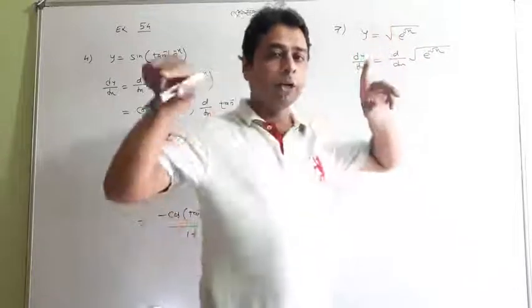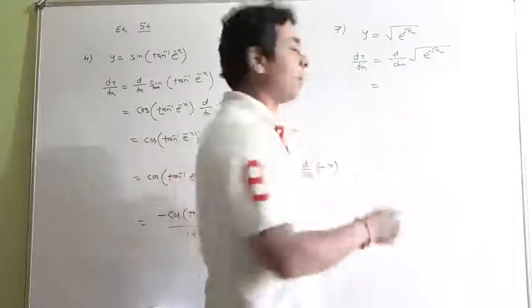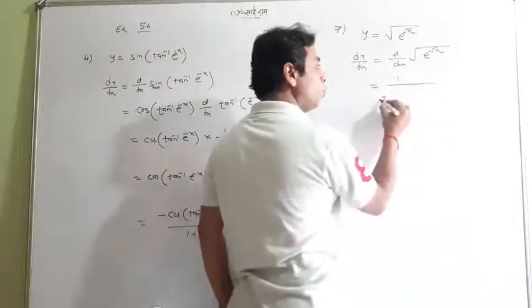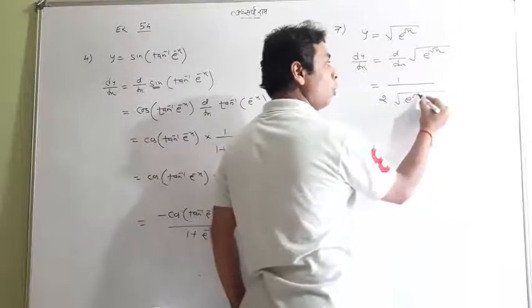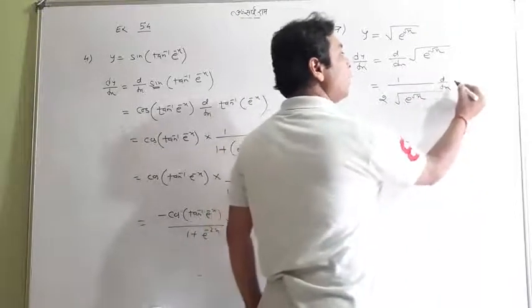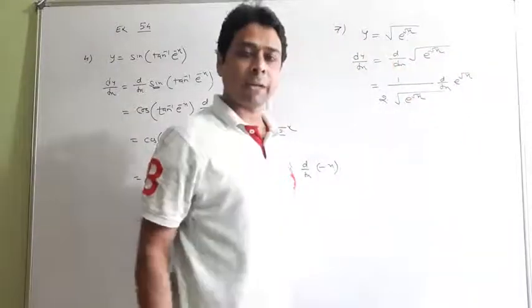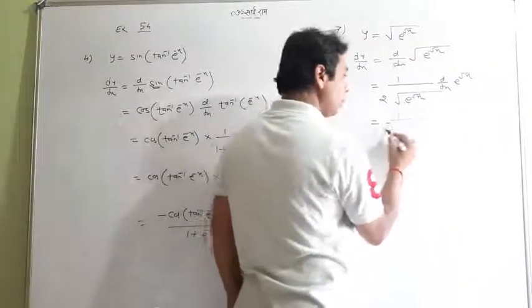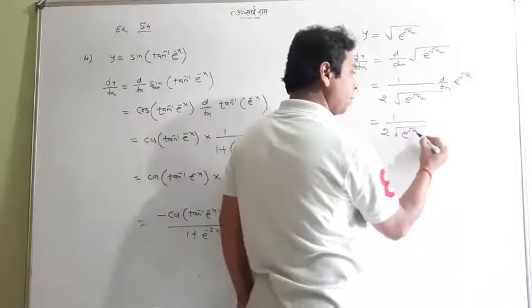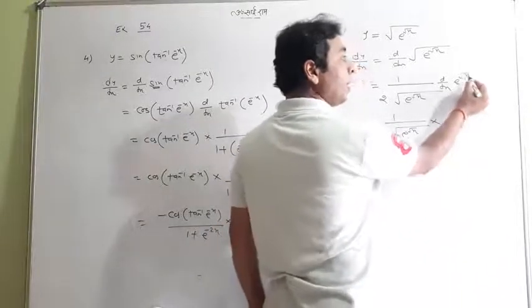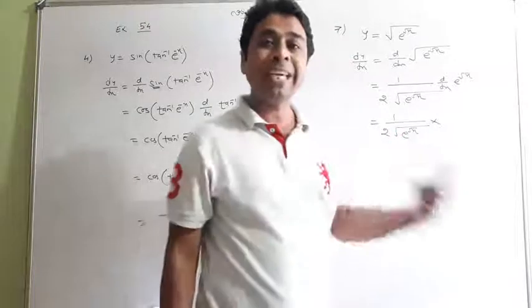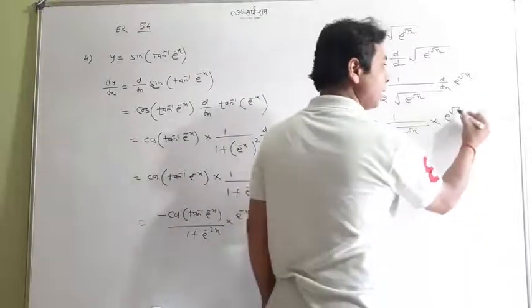You know that under root has a differentiation 1 by 2 into the same, meaning all the same will come. And d by dx of now this function, because the first has been done. Now 1 upon 2 into e to the power root x I am writing here, and d by dx of e to the power root x. You know that the differential of e is the same, but it is not enough.